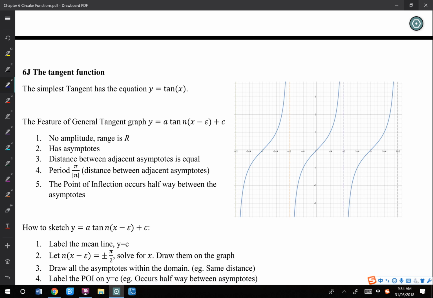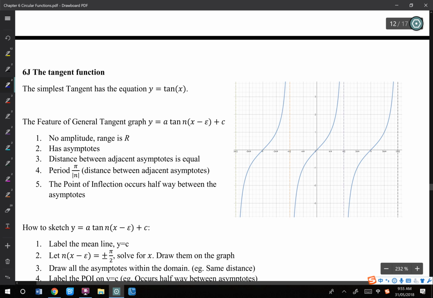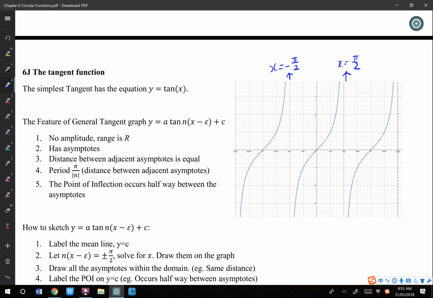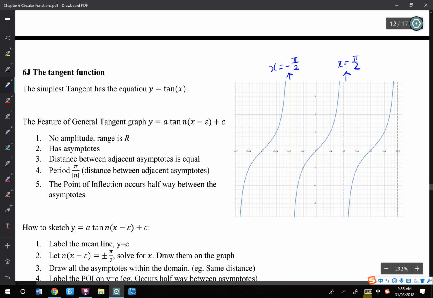I'm not going to go through all the things again, but the key thing is, what are the first 2 asymptotes around the y-axis? This one is x equals minus pi on 2, and this one is x equals pi on 2. That's the first 2, because I'll use those 2 asymptotes later. Well, you know what the rest are? The next one will be adding pi onto that. That's 3 pi on 2.